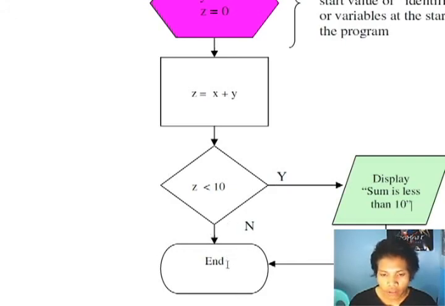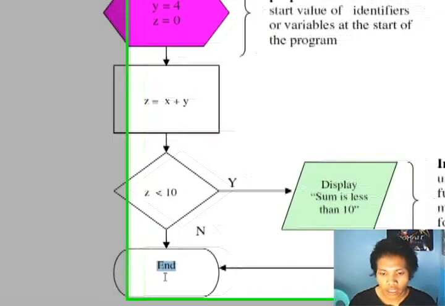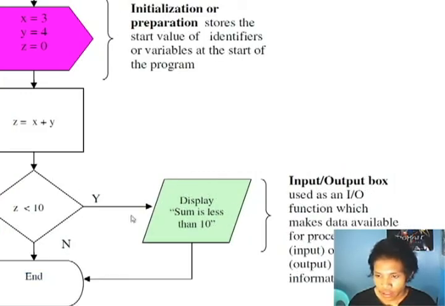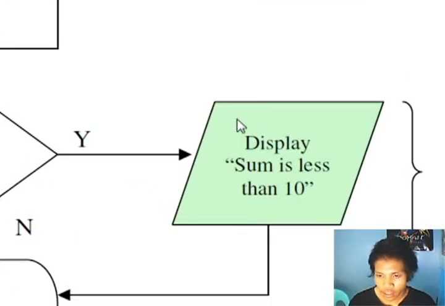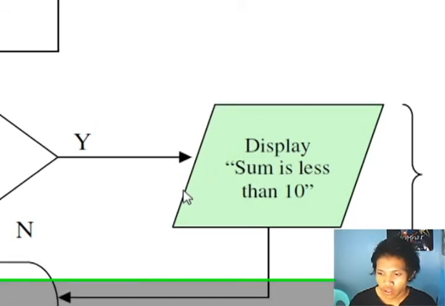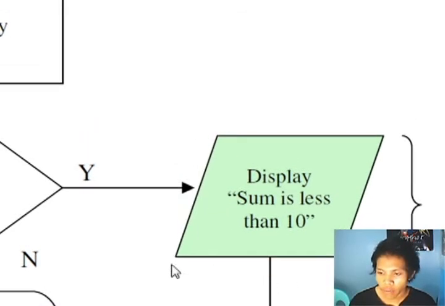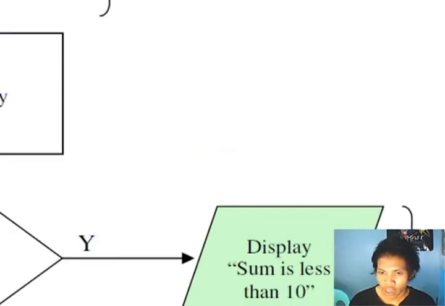If it's no, then the terminal would end. This parallelogram shape is an input and output box, used as a function which makes data available for processing, input or displaying the output of process information. So this is our flowchart.